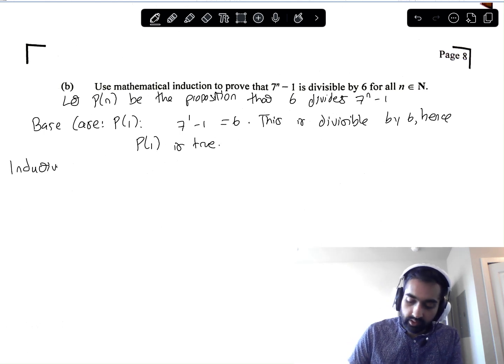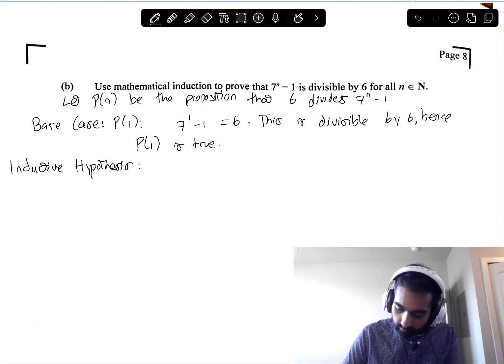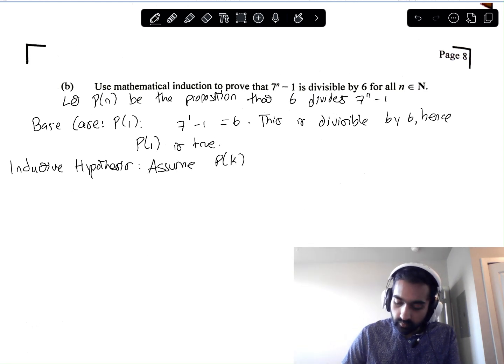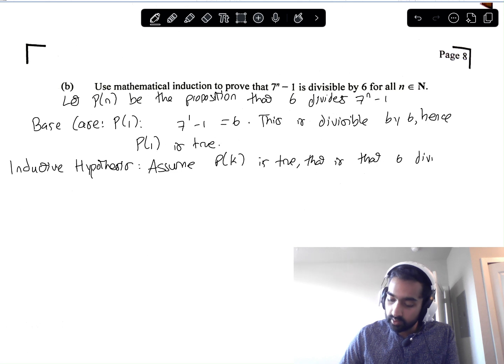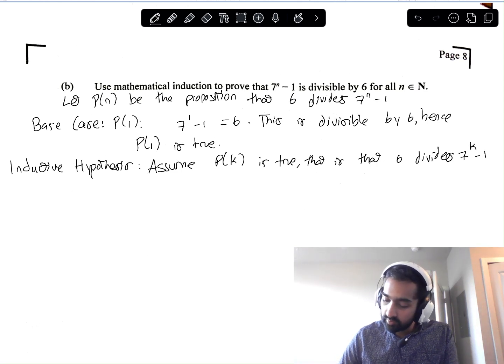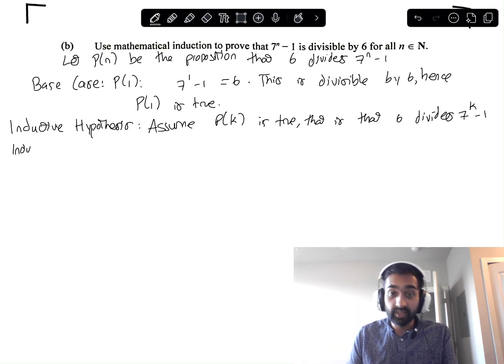Now I have what's called the inductive hypothesis. I'm going to assume that P of k is true. That is that 6 divides 7 to the k minus 1. Now I have to do the inductive step.